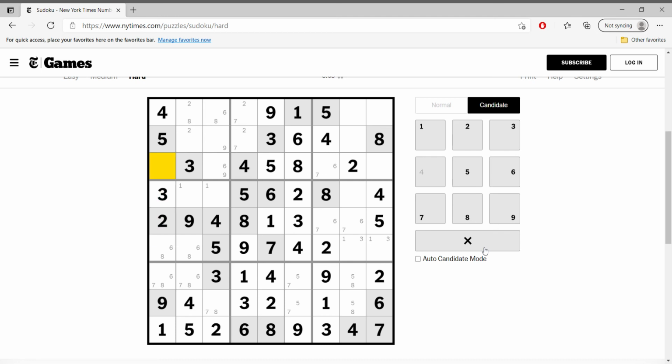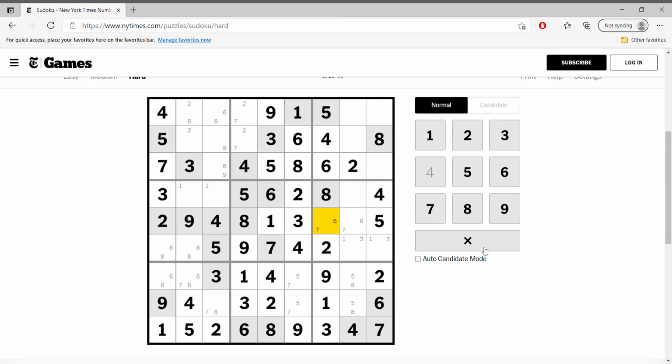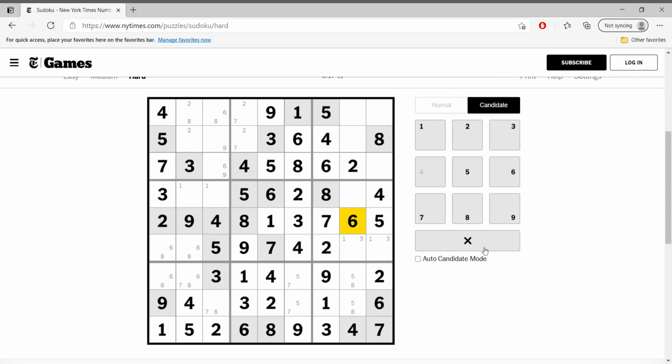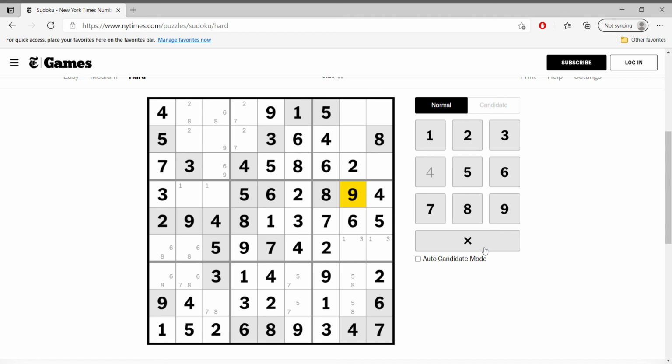But 6 and 8 cannot be in the cell, so yeah, this cannot be 7. This has to be 7. So this is 6, this is 7, this is 6. Okay, this is the last digit in this box, which is 9, right? Okay, so now we know this is 9. This is 9.